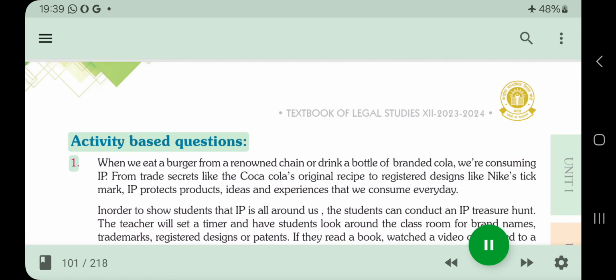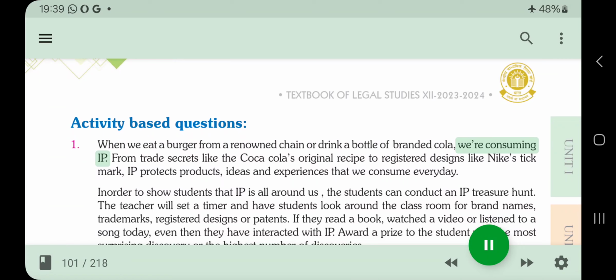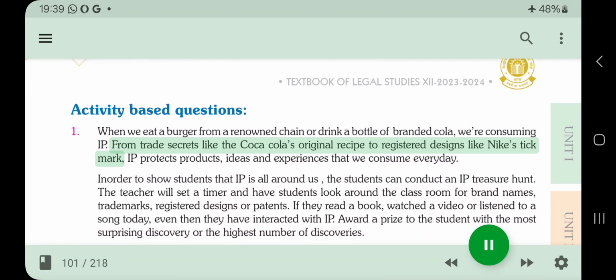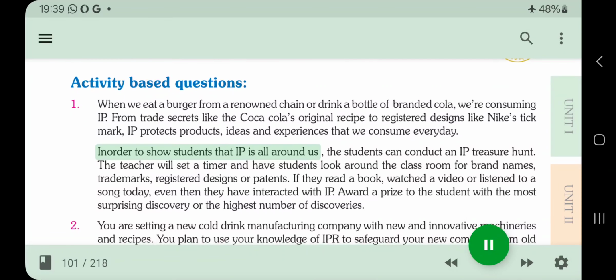Activity-based questions. 1. When we eat a burger from a renowned chain or drink a bottle of branded cola, we are consuming IP. From trade secrets like Coca-Cola's original recipe to registered designs like Nike's tick mark, IP protects products, ideas and experiences that we consume every day. In order to show students that IP is all around us, the students can conduct an IP treasure hunt.